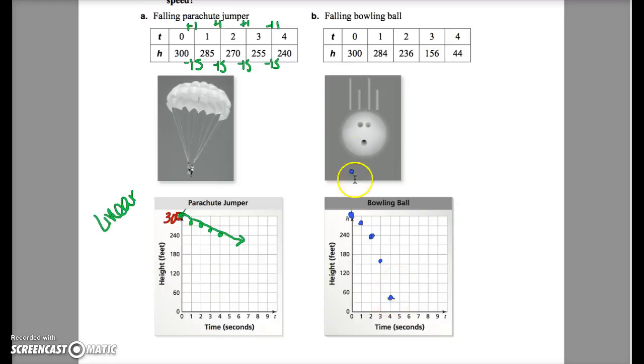So you can tell just looking at this that your line curves. Okay, so the bowling ball would be nonlinear. It's not a straight line, and there is no constant rate of change in the table.